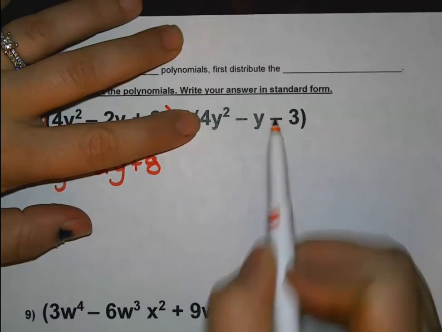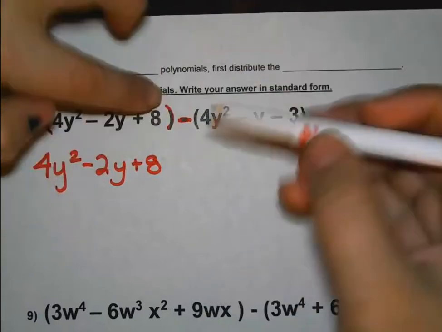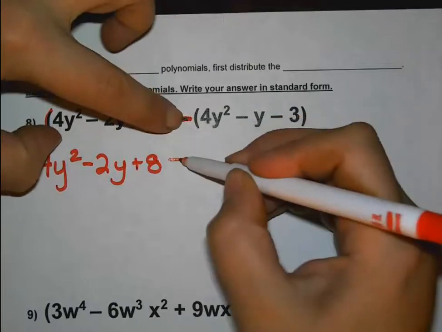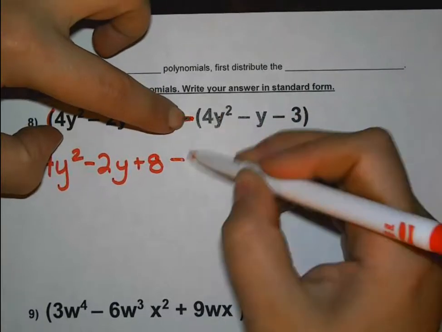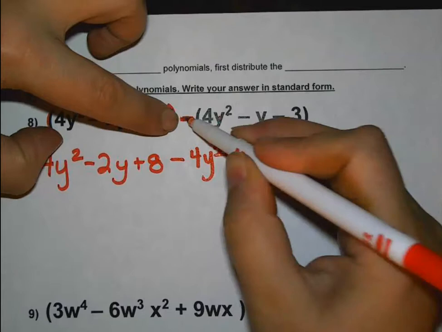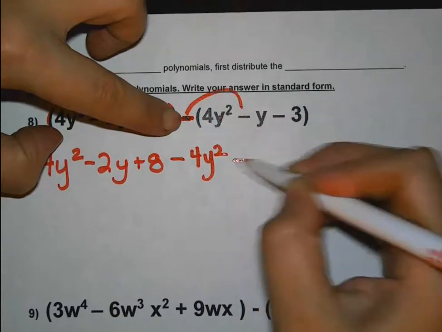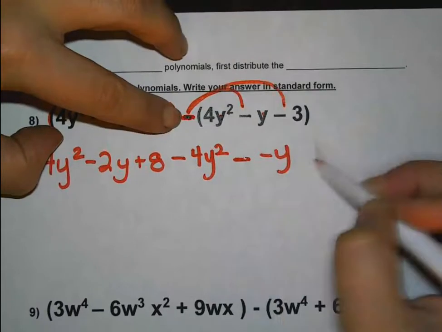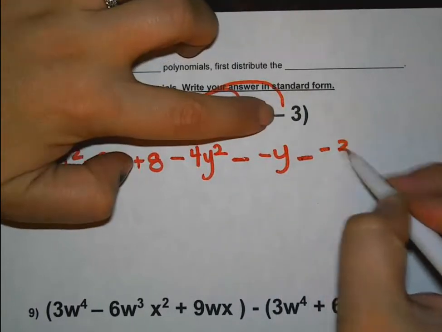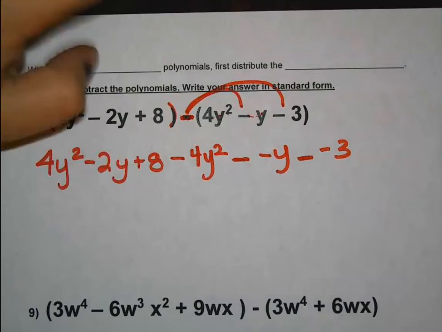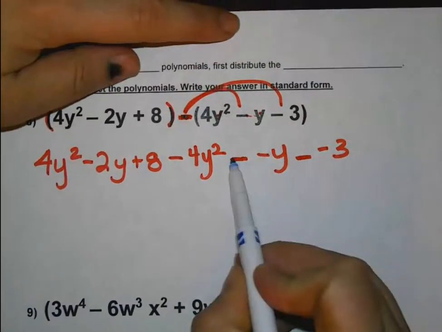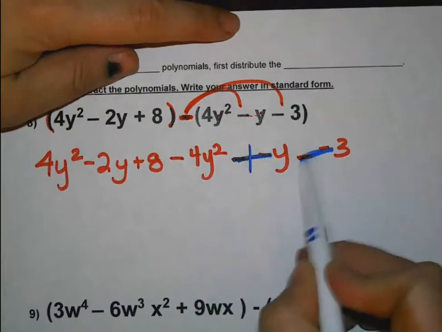Let me talk about why that is. So this is saying minus, take all of this and subtract 4y squared, and subtract a negative y, and subtract a -3. And what happens when you carry this through, this ends up making a plus here, and so does this.